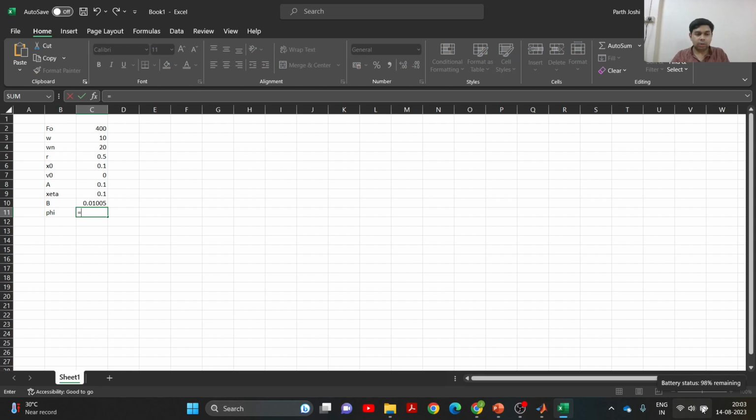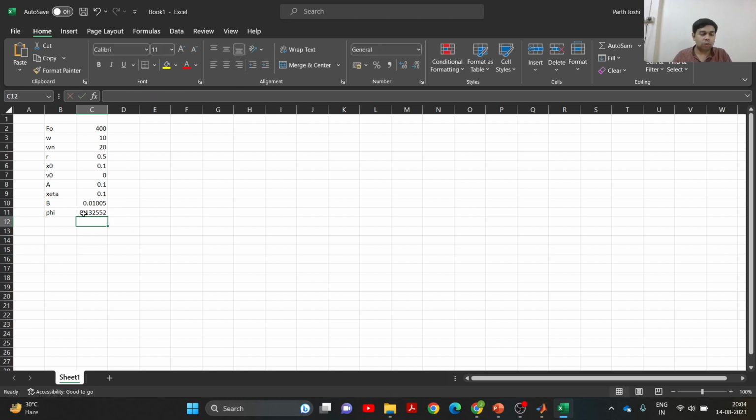So that is tan inverse of 2 zeta into r divided by 1 minus r square. So this is the phase difference phi.